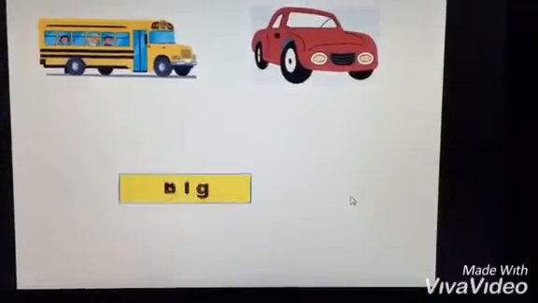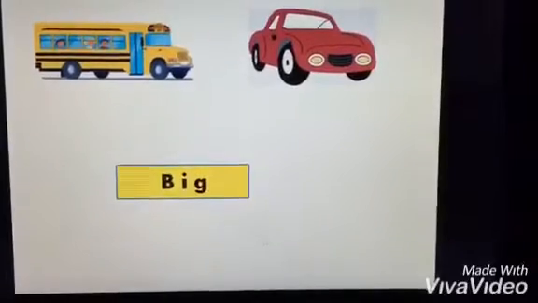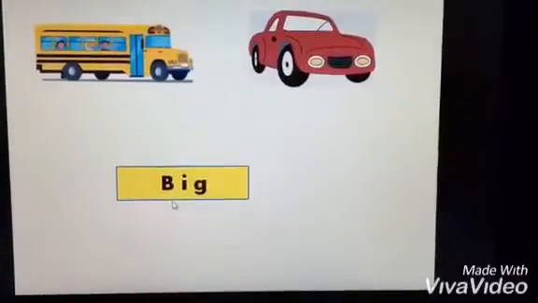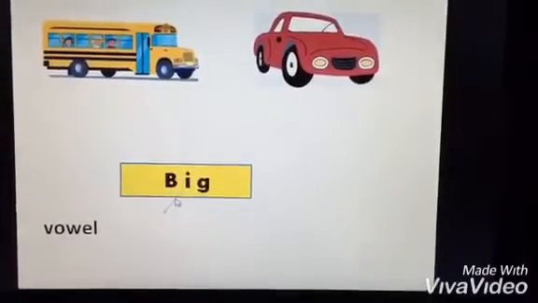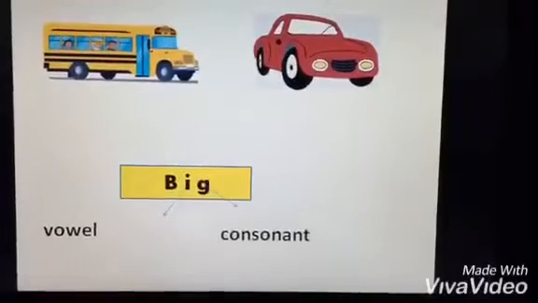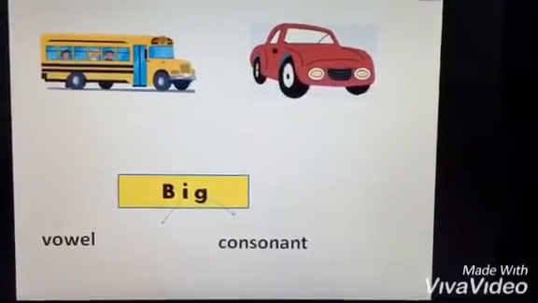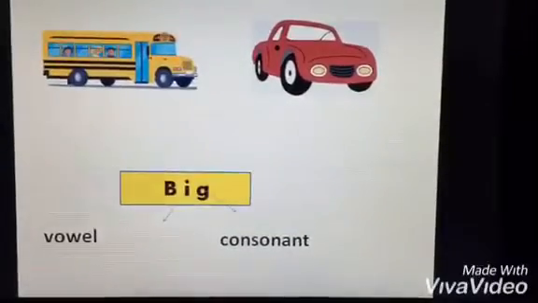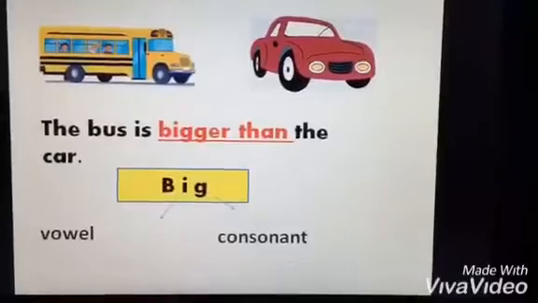Now here, I want to compare the bus and the car. Big here is a short adjective, ends with vowel and consonant. And if a short adjective ends with a vowel and consonant, you have to double the last letter before adding er, as in big.